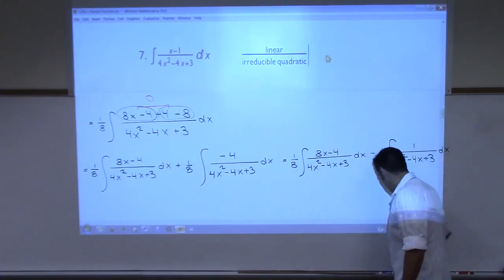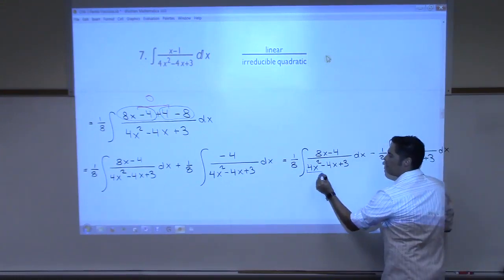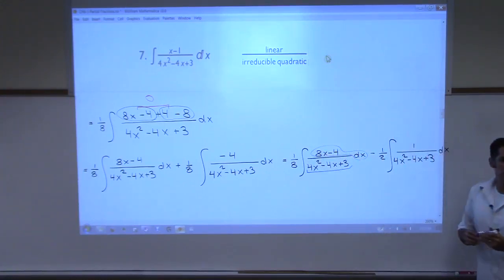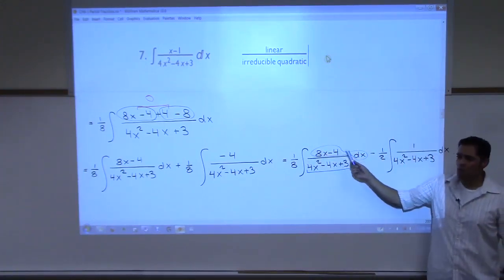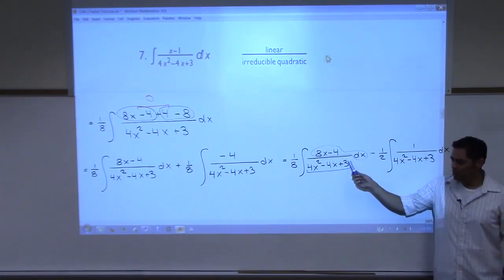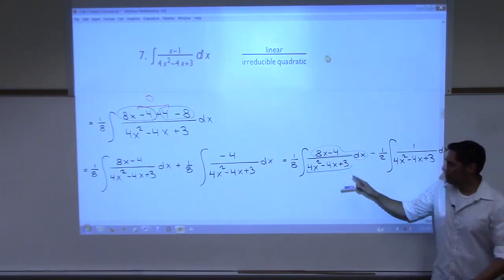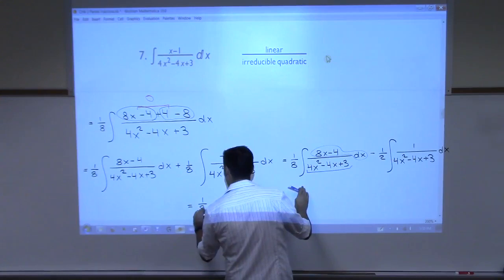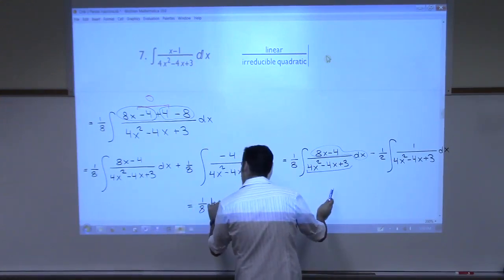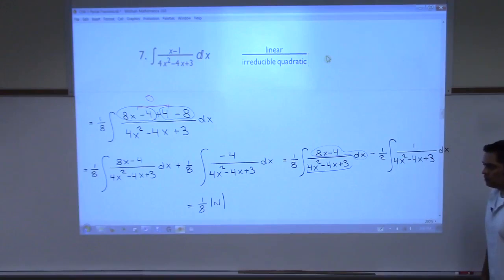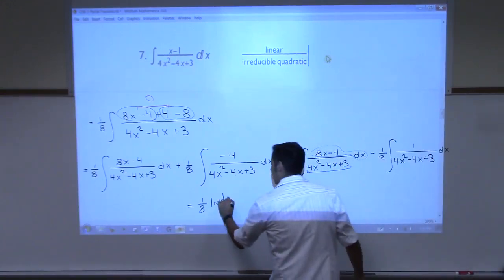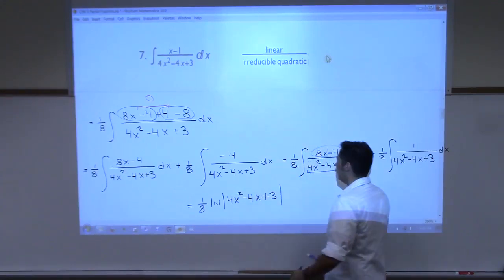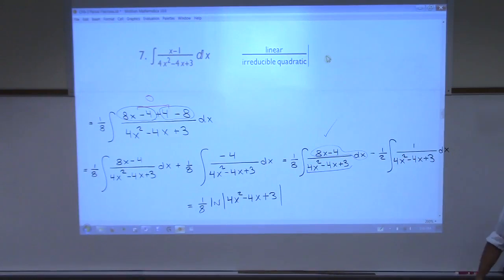If I let u now be this, the derivative of it is right there. So that integral right here is just 1 over u du. And what's the antiderivative of 1 over u du? ln. So the answer for the first integral, I'm going to put it here, is 1/8, because that's this, natural log of the absolute value of what? u, which is 4x squared minus 4x plus 3. Yay, I've got that. Good, right?